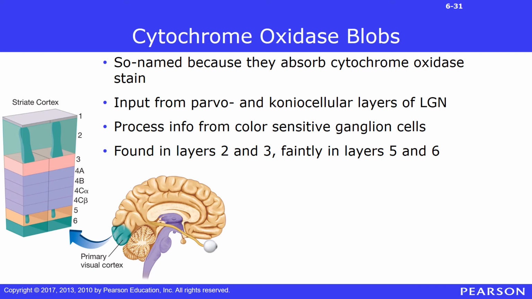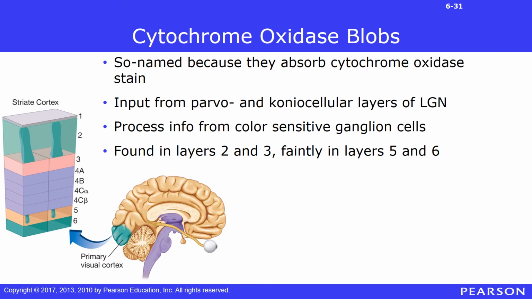So we have simple, complex, and hypercomplex neurons in primary visual cortex, and some of these neurons are grouped into blobs, as they're called, cytochrome oxidase blobs. They're so named because they absorb cytochrome oxidase stains.